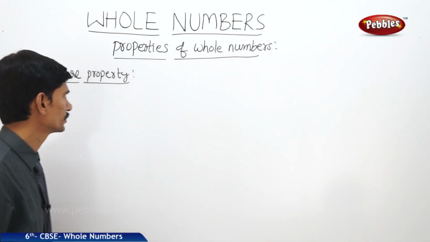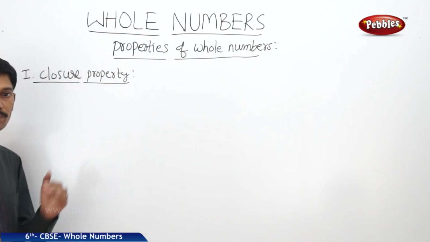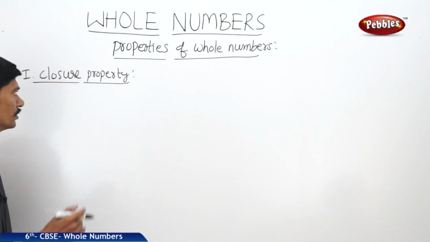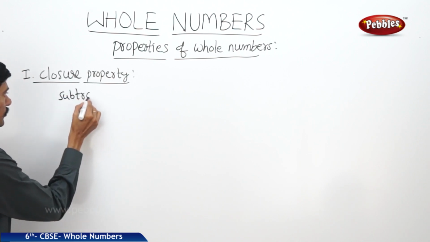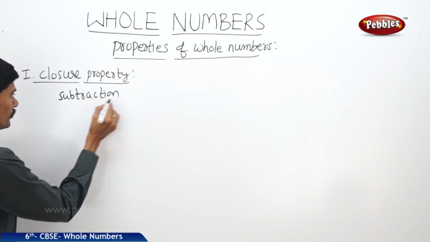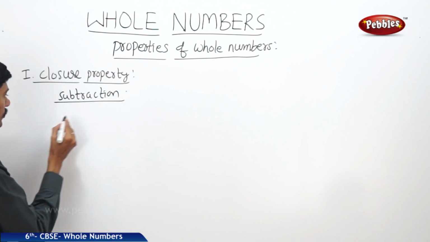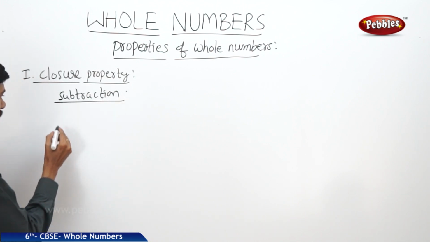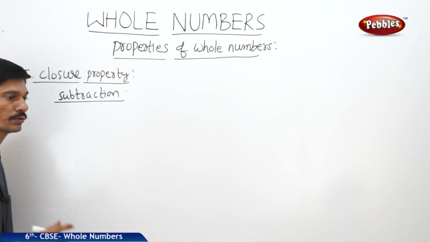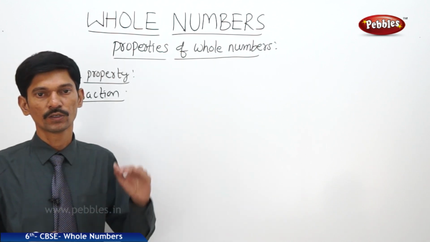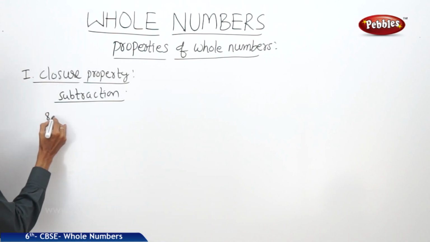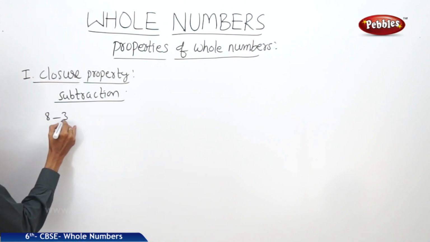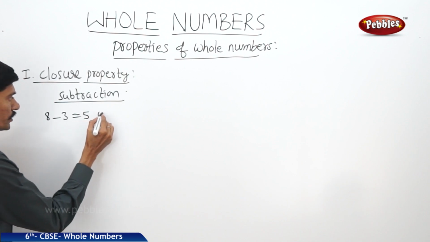Now let us learn the closure property under subtraction, then under division. First the subtraction case. The difference of any two whole numbers is always a whole number, let us see. For example, 8 is a whole number and 3 is a whole number, so 8 minus 3 equals 5, which is a whole number.